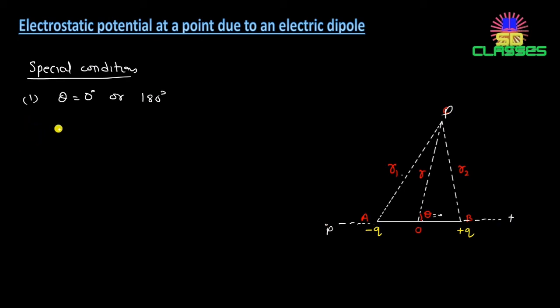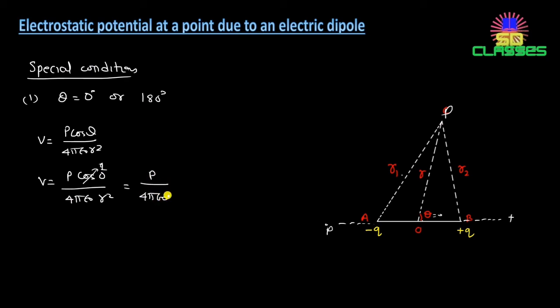Okay, so first take theta equal to 0 degree. We know that V equal to p cos theta divided by 4 pi epsilon r square. So V equal to p cos 0 divided by 4 pi epsilon r square. Cos 0 value is 1, so this is p by 4 pi epsilon r square.